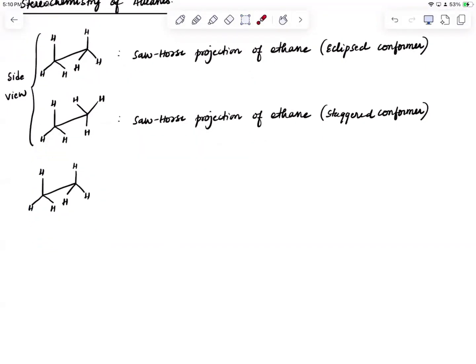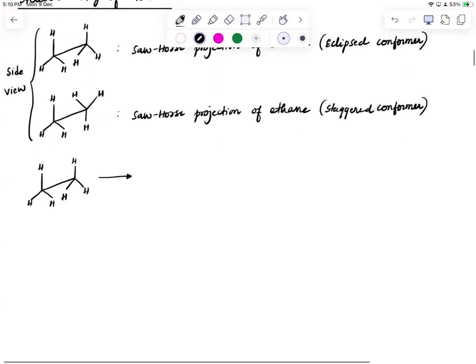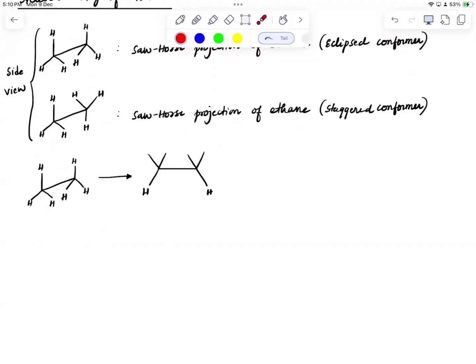If I want to make a top view, another important thing is I need to represent the same molecule in a way that it has a single line here and the other two lines pointing upwards like this. This is the way I need to keep it now. You can imagine as if I'm tilting the entire molecule upside down. So then I have these two hydrogens here.